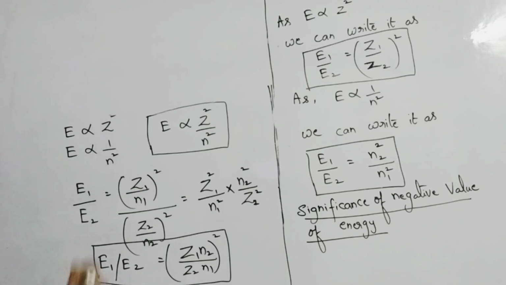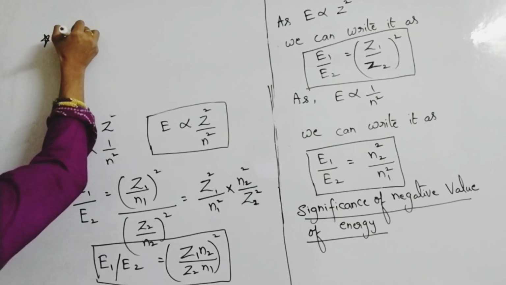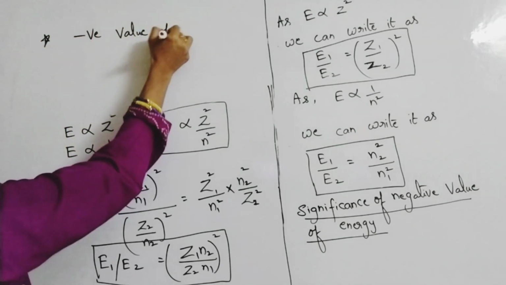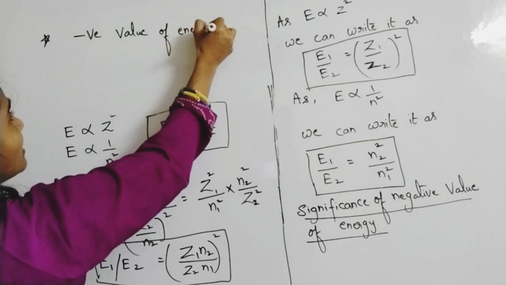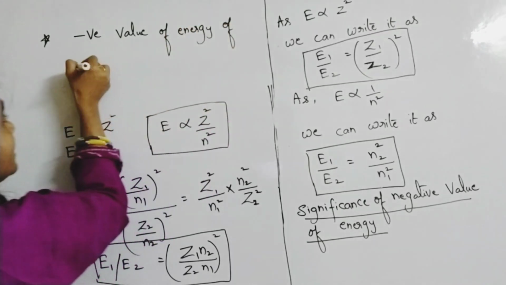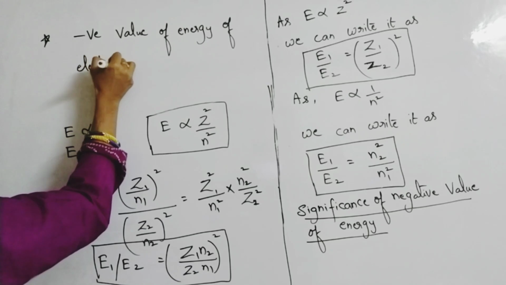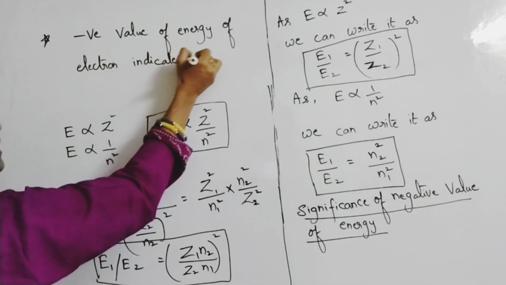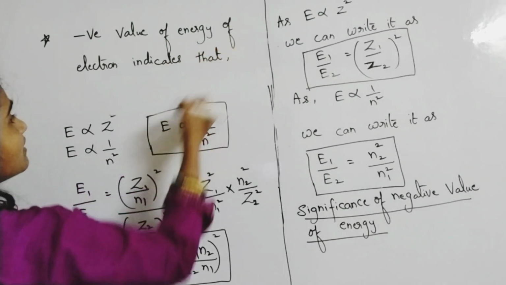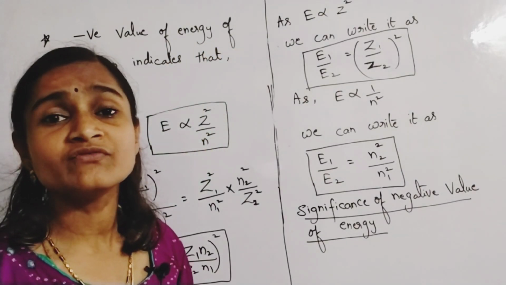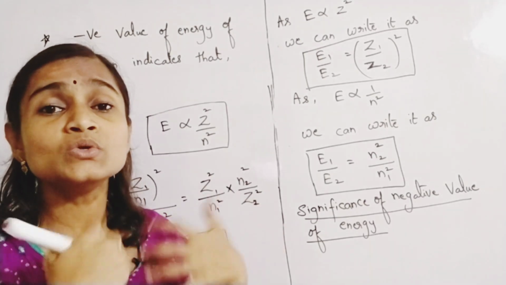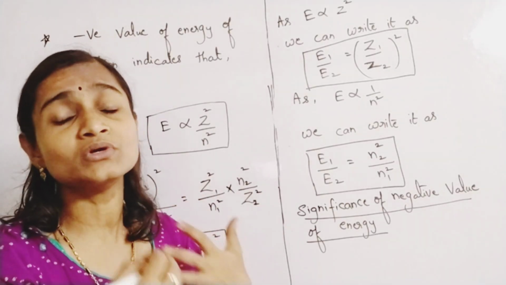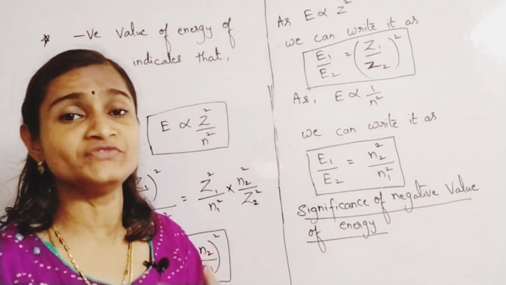Here, very important point: negative value of energy of the electron indicates that some of the energy of the electron is getting used up in order to do some work, to overcome the influence of the nucleus.